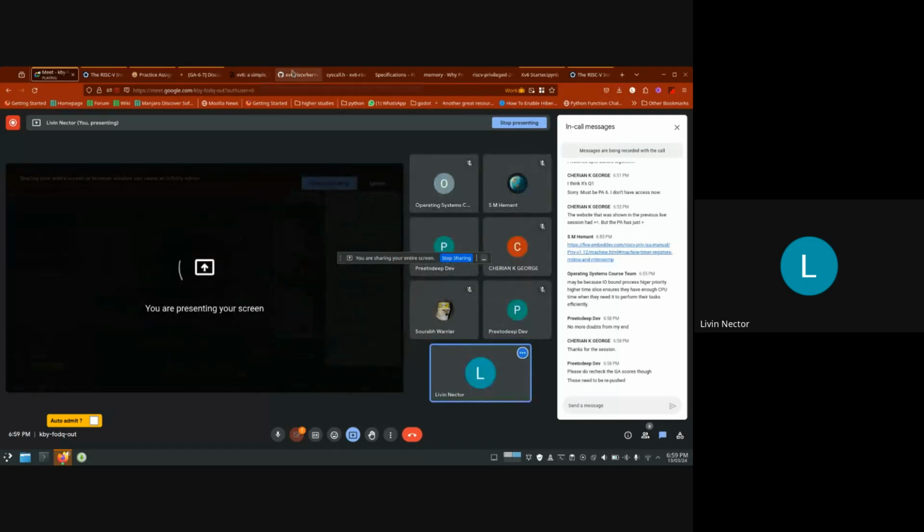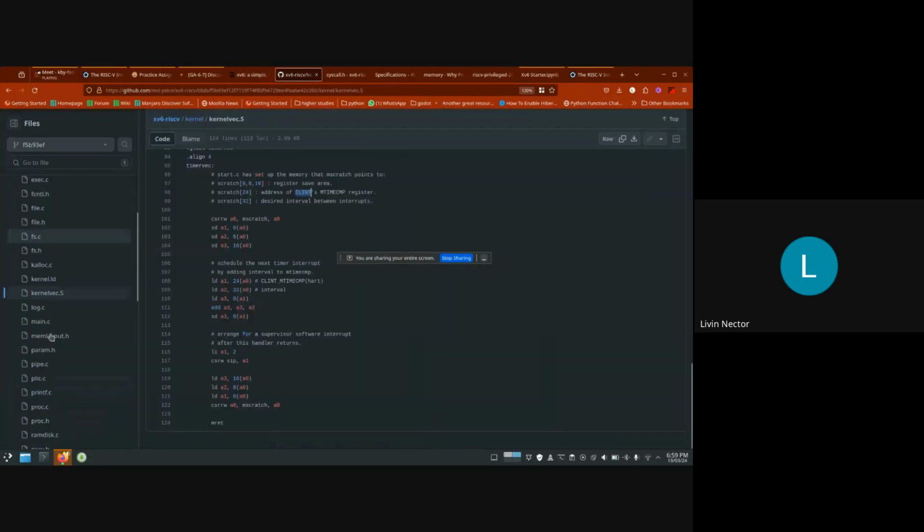If you see the scheduler code, it just goes through the loop, selecting the first process that is in the ready state.